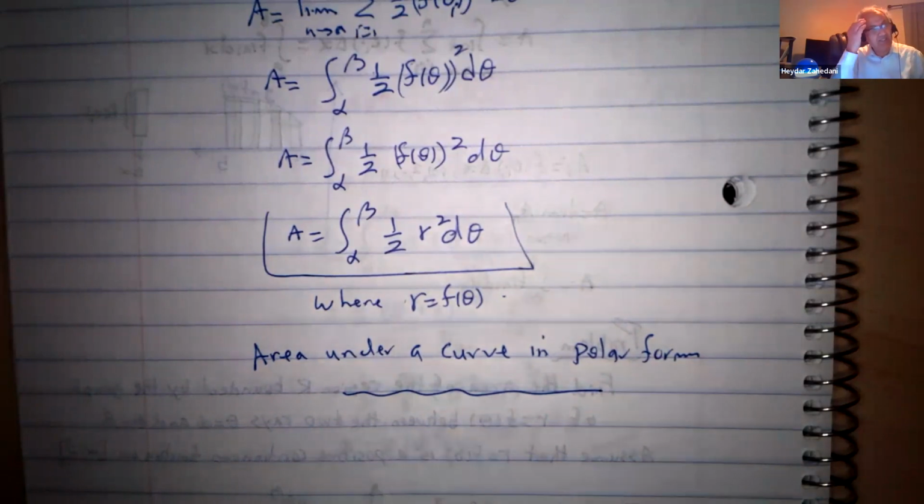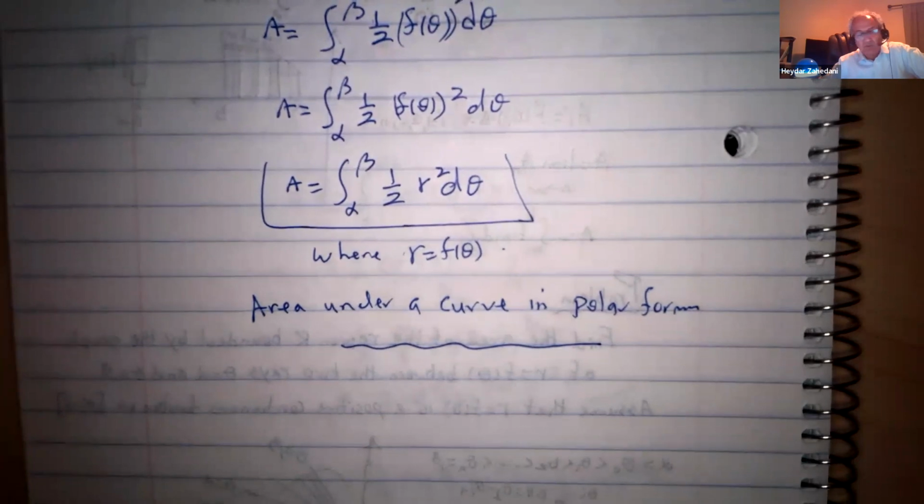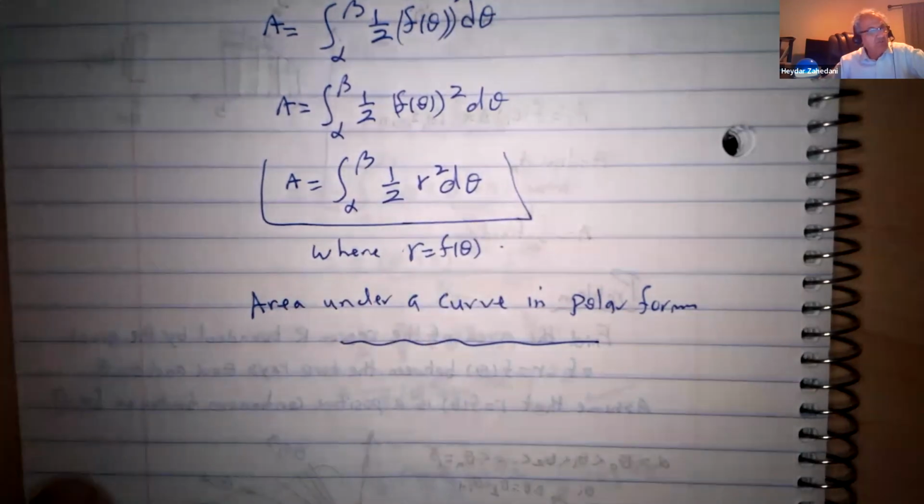Now we can extend it, as in calculus 1, if you have two functions. In your case, I think it's calculus 2, because sometimes we talk about it, but I did cover it in calculus 1 in your school. If you have two functions and you want to find the area between two curves, you get the area of each and you subtract it.